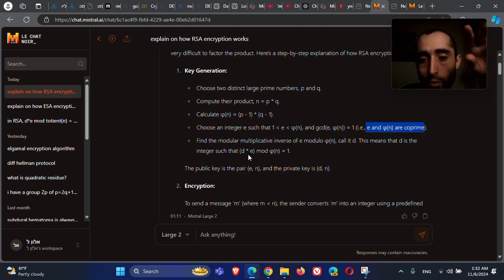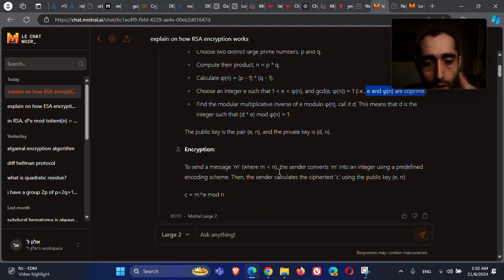This will be raised to the power to recover m and decrypt the message. We have the public key built from e and n, and the private key built from d, which is the inverse of e modulo the totient of n, and n. Don't be confused between modulo the totient of n and modulo n. Sometimes we use this and sometimes we use that.